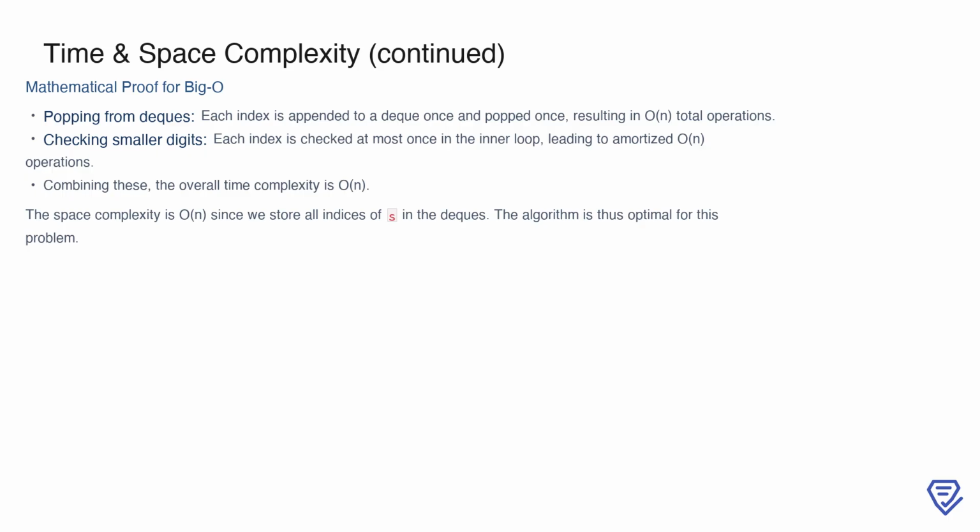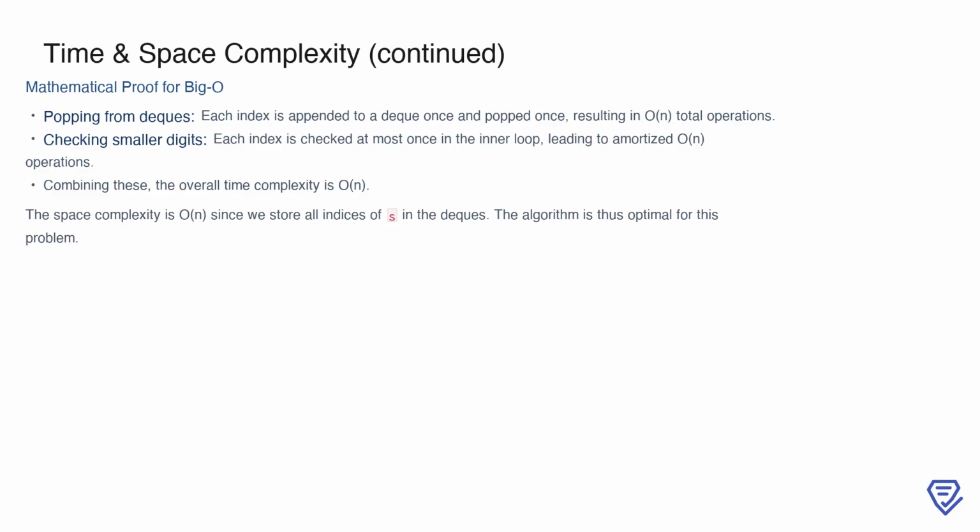Finally, let's solidify our understanding of the algorithm's time complexity with a mathematical proof. Each index in the string S is appended to a deque exactly once and is also popped from the deque exactly once. This results in O(n) total operations for deque management. Additionally, each index is checked at most once during the smaller digit validation step, which again contributes an amortized O(n) cost.